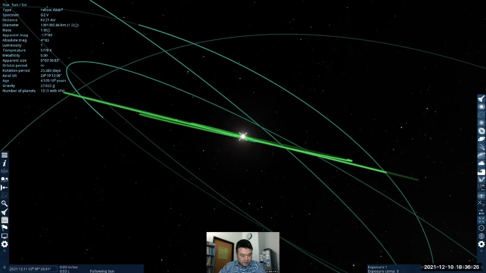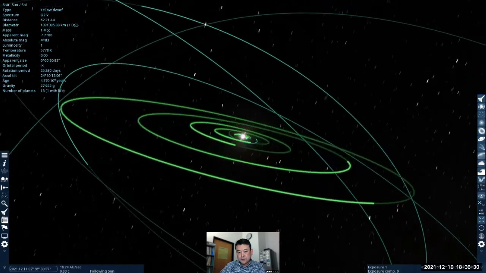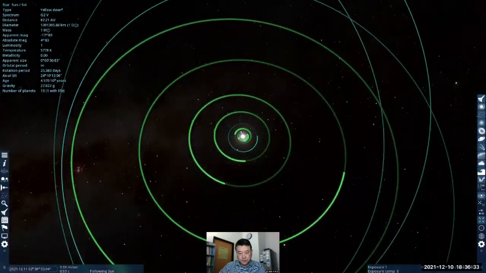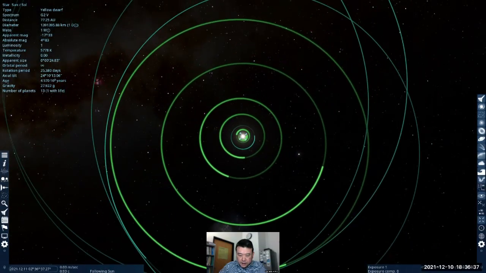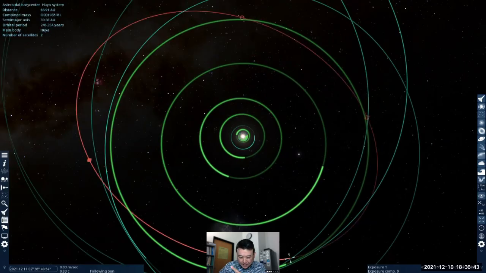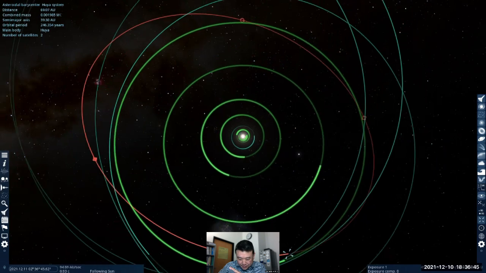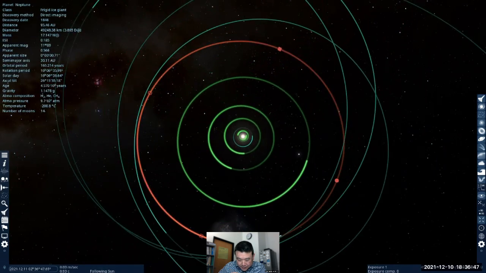These bright green lines are all orbits of major planets. If I go in this view, you can kind of see it. In the very outermost, I'm guessing, I think it's Neptune. Is it Neptune? Let me try to click it.